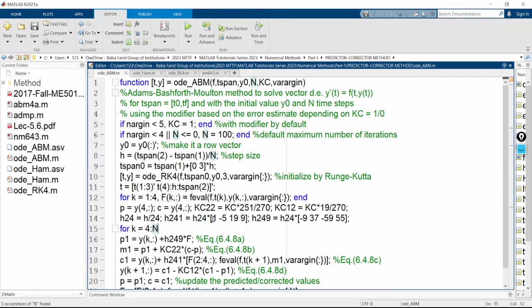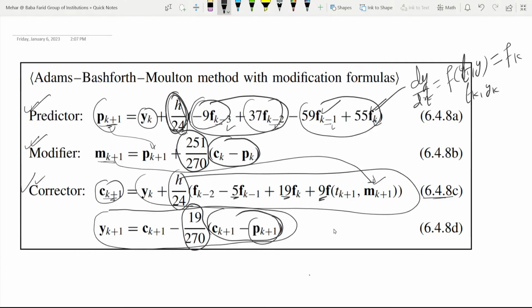So only the coefficients are chosen here: 1, minus 5, 19, and 9. Similarly, H249 is equal to H24 times minus 9, 37, minus 59 and 55. These values are the coefficients of this equation.